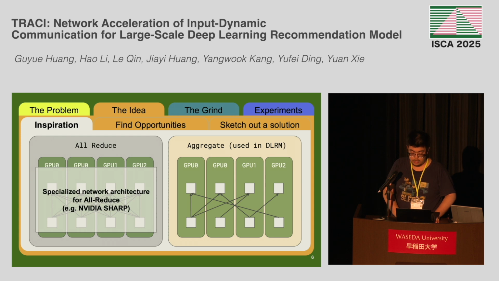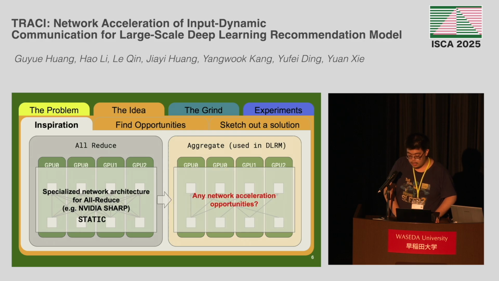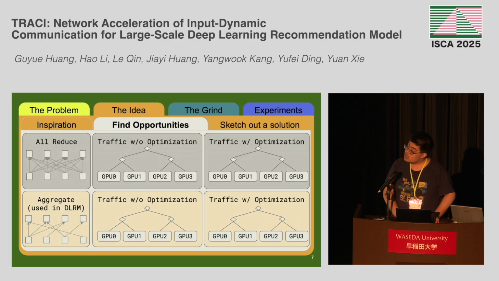The left part has been optimized with specialized network architecture, like NVIDIA SHARP, and this communication pattern is static. But for the right part, we haven't seen any network acceleration opportunity so far, and this is a dynamic communication pattern.